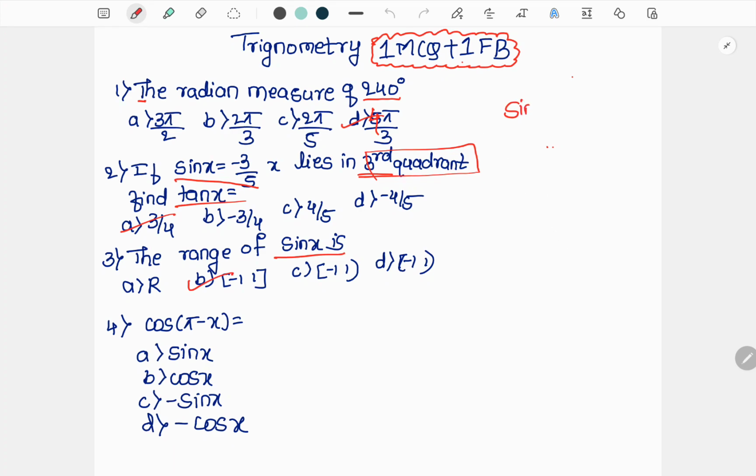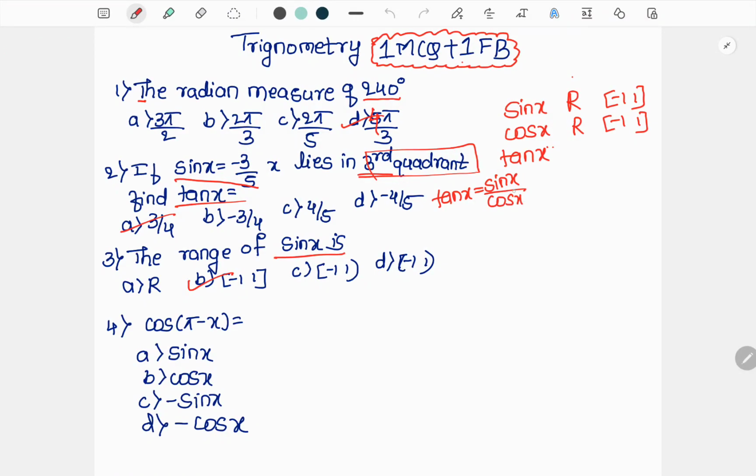Sin's domain is what? Sin's domain is real numbers. Range is minus 1 to plus 1. Cos's domain is real numbers. Range is minus 1 to plus 1. Tan's domain is what? See, tan x is nothing but sin x by cos x. Yes or no?